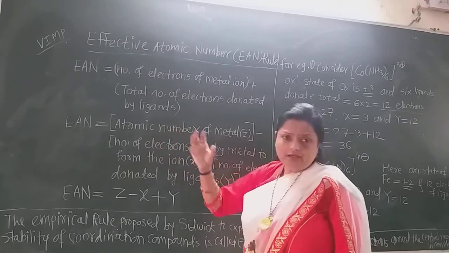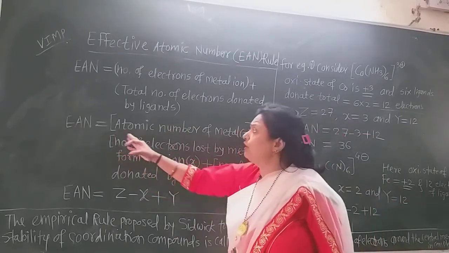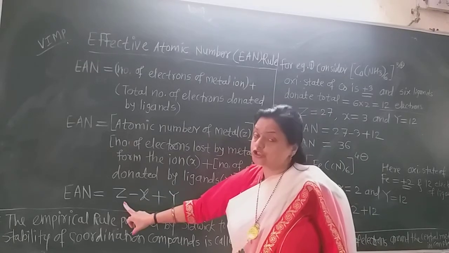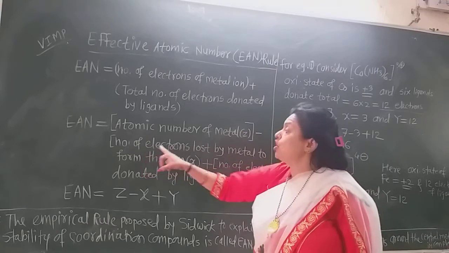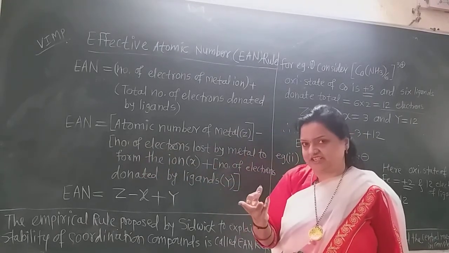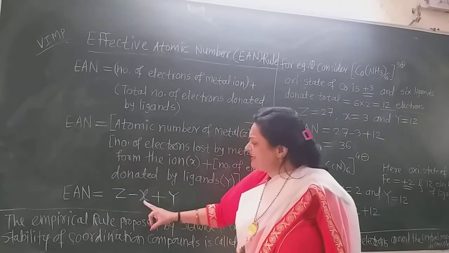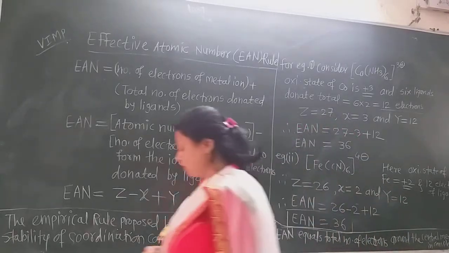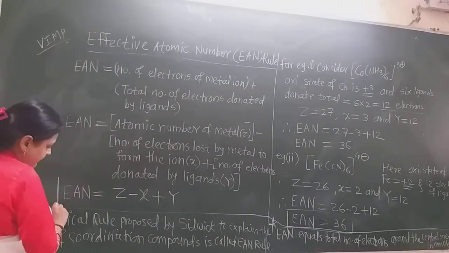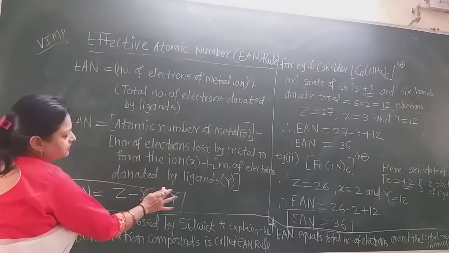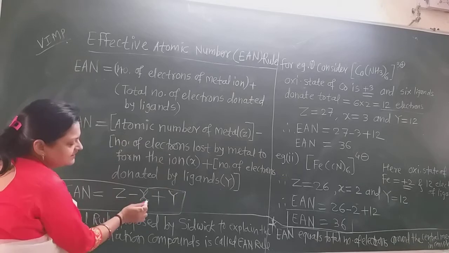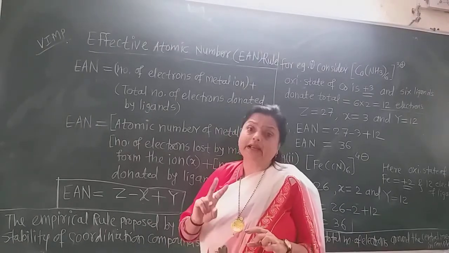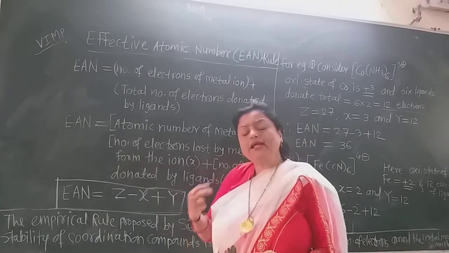So in short, what is the formula? Effective atomic number is equal to the atomic number of the metal, that is Z, the total number of electrons of the metal atom, minus the number of electrons lost by the metal atom, that is the oxidation state, suppose it is X, plus the number of electrons donated by the ligands, suppose it is Y. Now this is the formula of effective atomic number: EAN equals Z minus X plus Y. If you remember this formula very well, then you can calculate the effective atomic number of any complex or coordination compound.